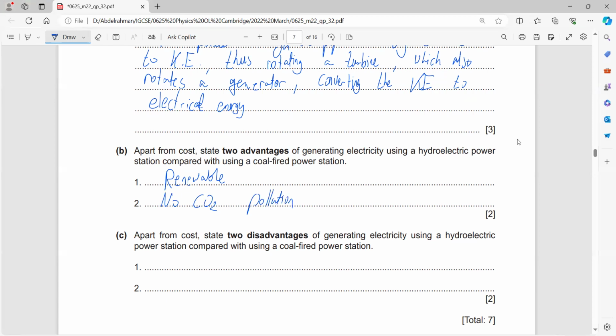Apart from the cost, state two disadvantages of generating electricity using a hydroelectric power station compared with the coal-fired power station. Needs more space. Okay, takes up more space. What else? He said not cost.